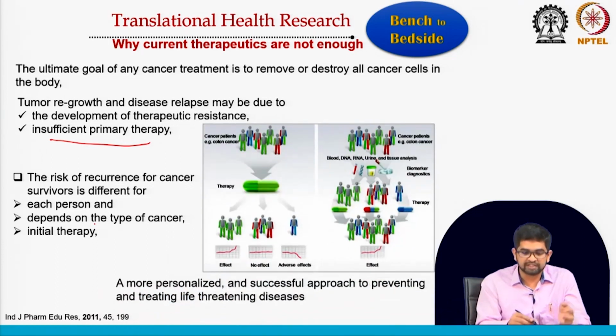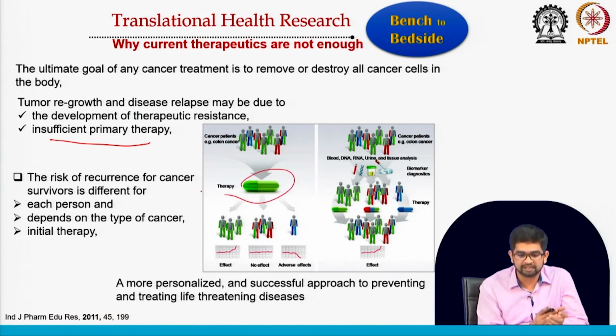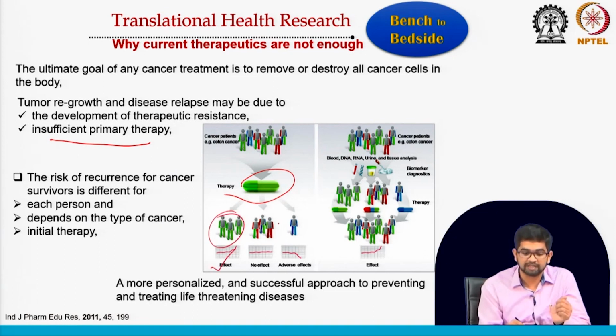You see, generally what we are thinking is that cancer patients can go for therapy. So, we are giving some medicine. It may be useful for a certain group of people. It is very effective there, but in some groups there is no effect, and some groups of people may have adverse effects. So, what can translational research do?